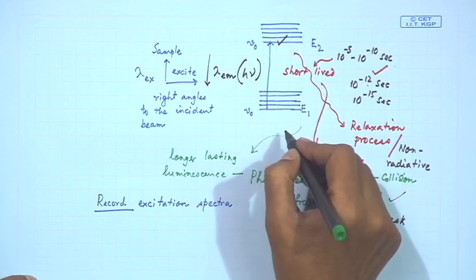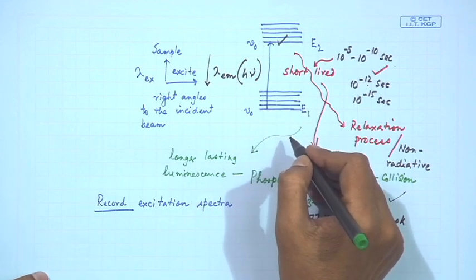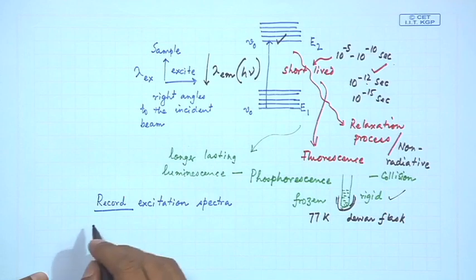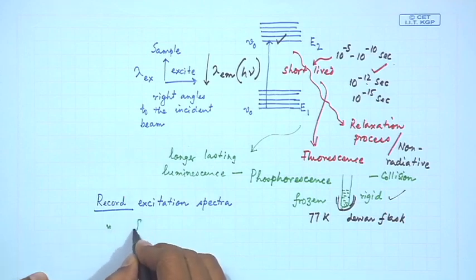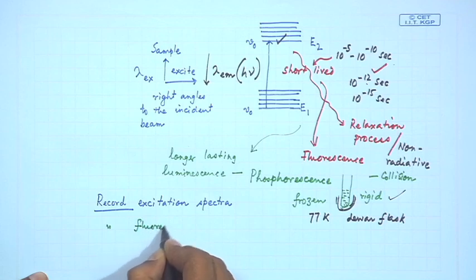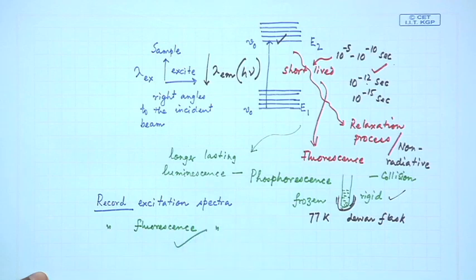It can be a molecule or any other molecular species which is showing absorption. Then we can also record the fluorescence spectra, and the important thing is how this can give rise to the corresponding fluorescence.